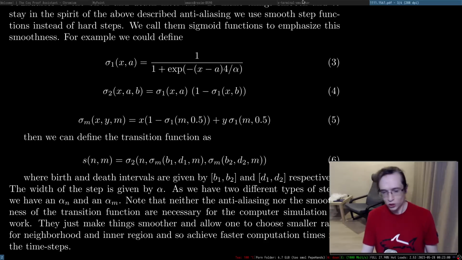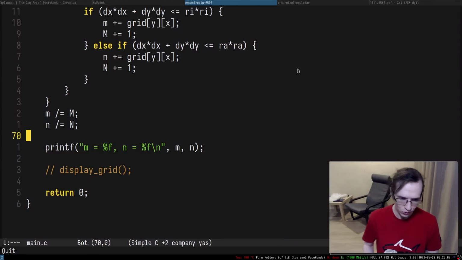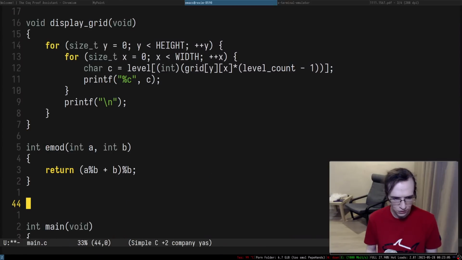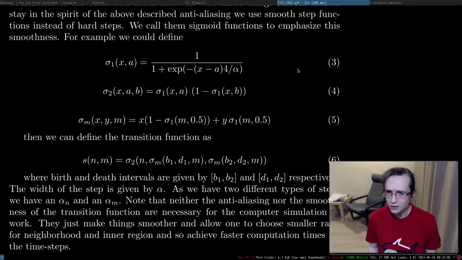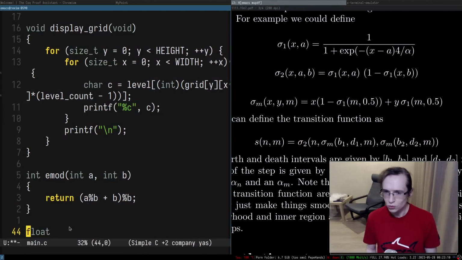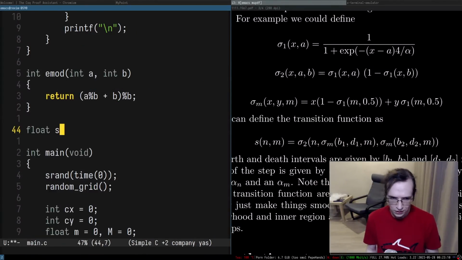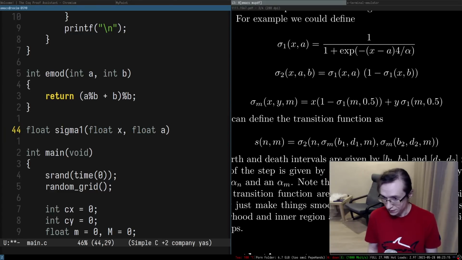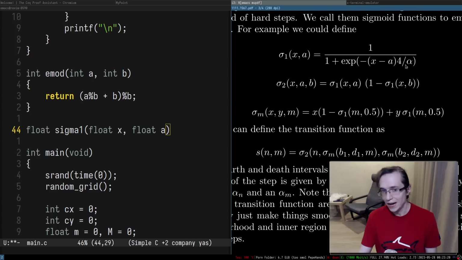So let's first code the sigma 1. I think that makes sense. I'm going to even split my screen in two, so it's easier to copy-paste stuff. This is sigma 1. It accepts x and it accepts a, and it's also parameterized by alpha.